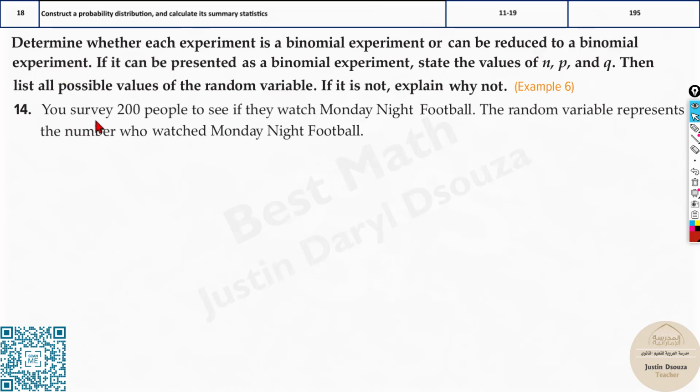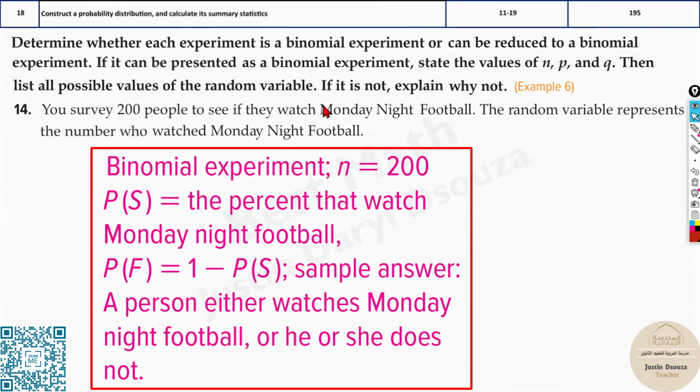Over here, you survey 200 people. So n is 200, and they ask if they watch Monday Night Football, yes or no? See over here, they're asking whether they watch Monday Night Football. The answer can be yes or no, isn't it? So if it's yes, that's probability of success. If it's no, not success. So n is equal to 200.